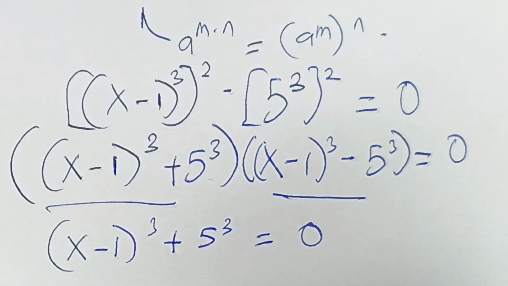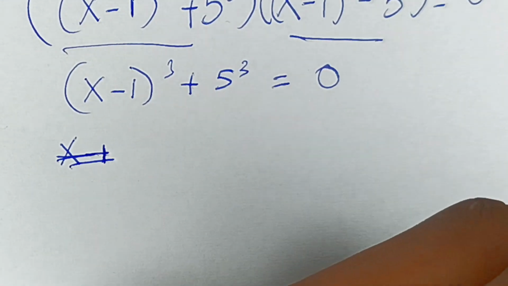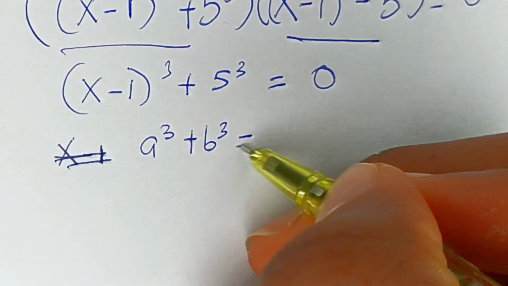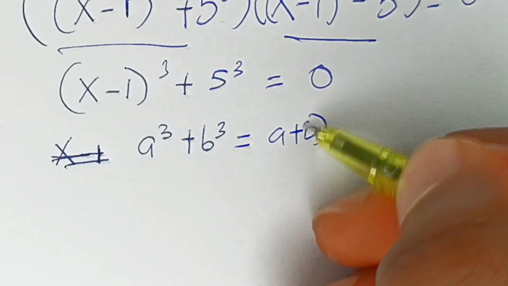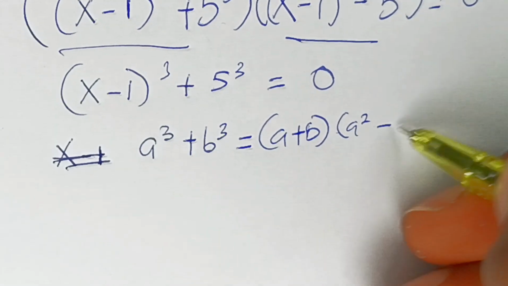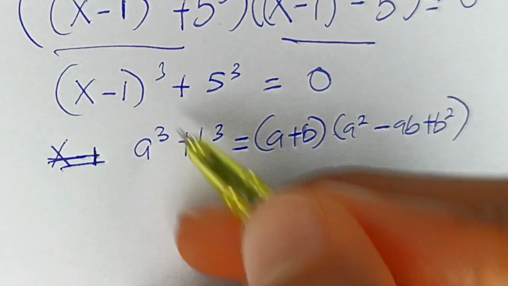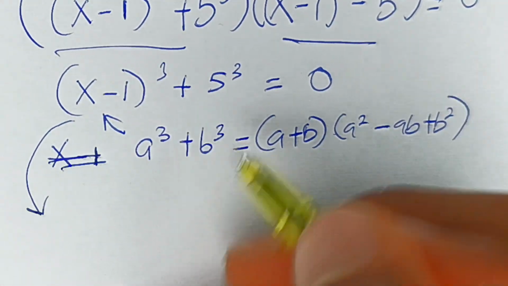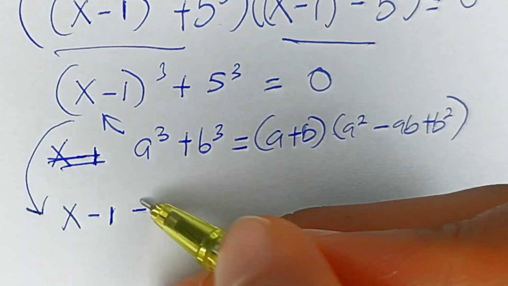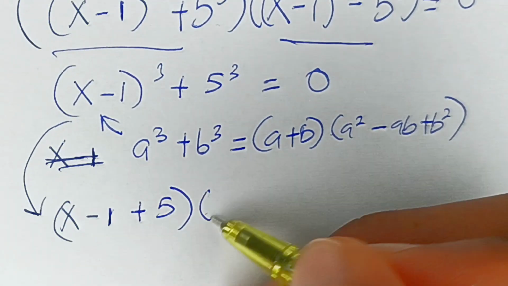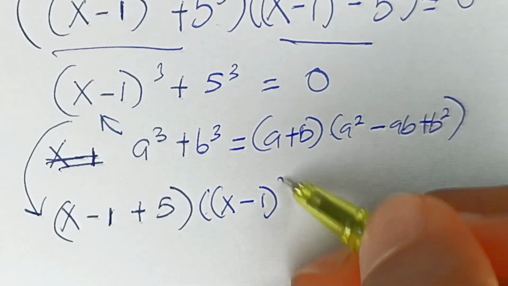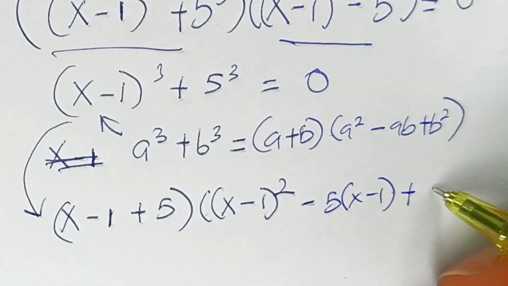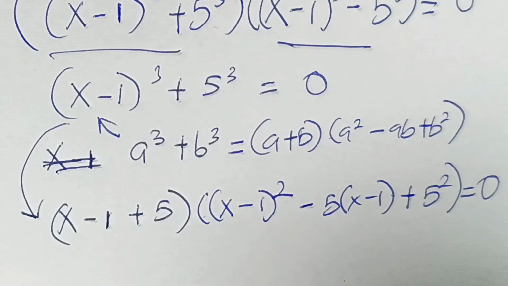If this is the case, using the law of sum of two cubes, we can say that a^3 + b^3 = (a + b)(a^2 − ab + b^2). Applying this law here, this becomes (x − 1 + 5) multiplied by ((x − 1)^2 − 5(x − 1) + 5^2) = 0.